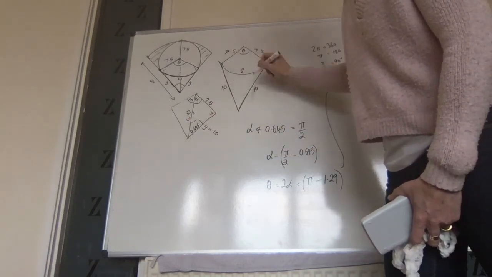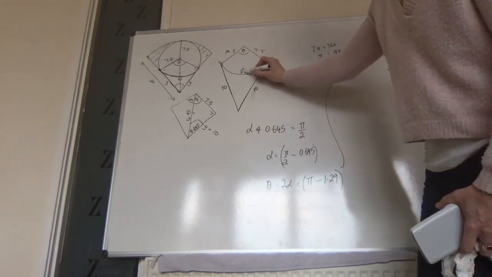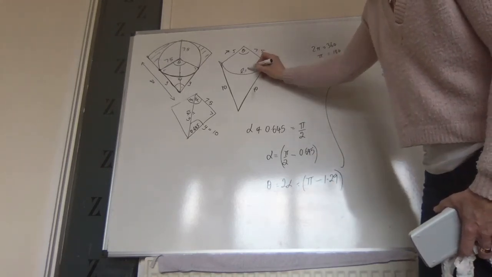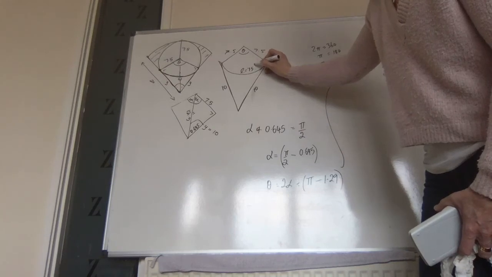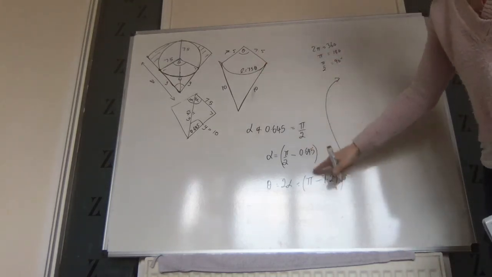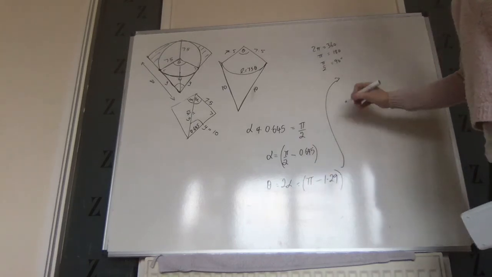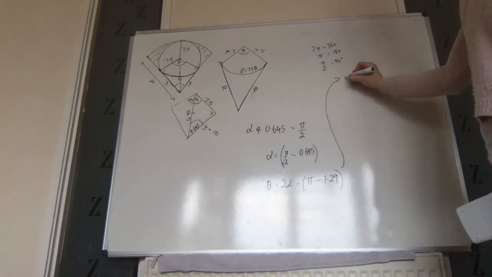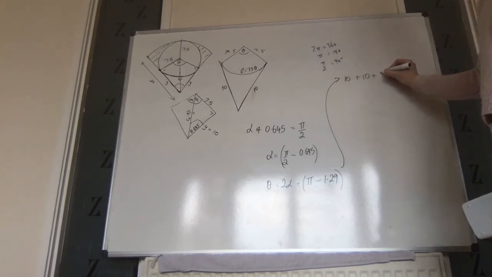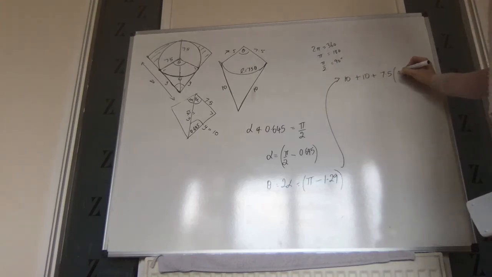And this is our L. Our L, remember we said, is r times theta. So it's 7.5 times theta, and we know what theta is. So the total perimeter of that shape is 10 plus 10 plus 7.5 times pi minus 1.29.